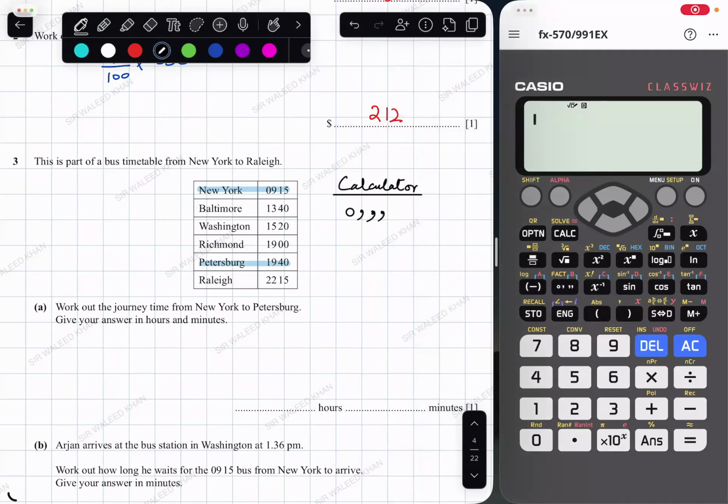So what you can do is 19, press the key, 19, this, can you see it? 19, this, again 40. Now this means 19 hours 40 minutes minus 9 hours and 15 minutes.